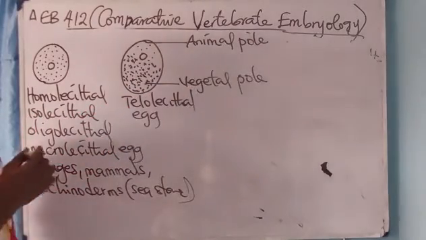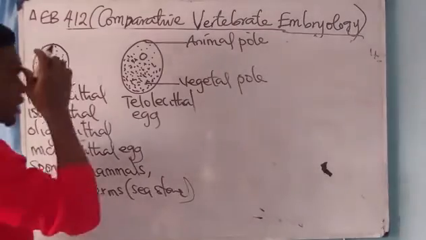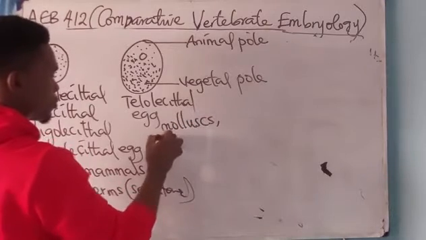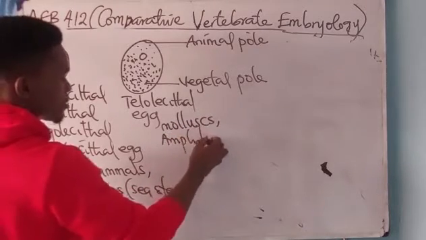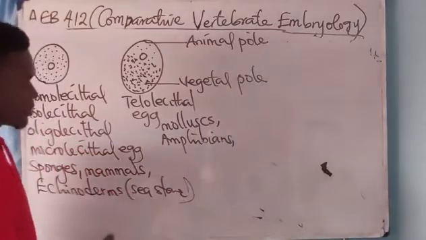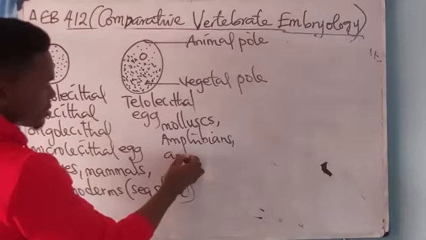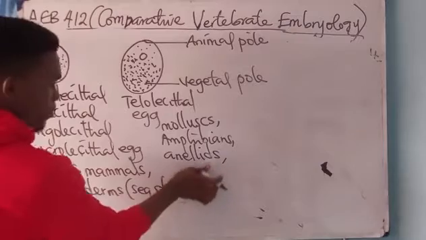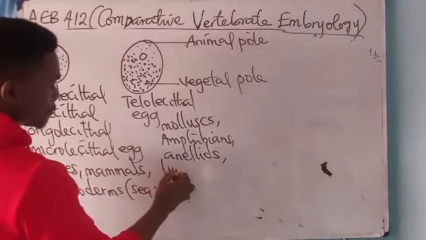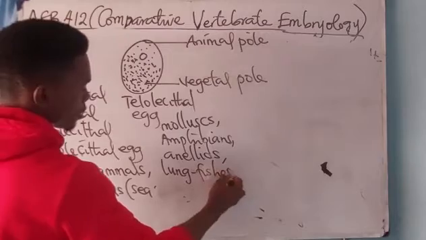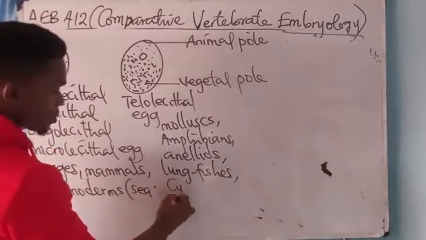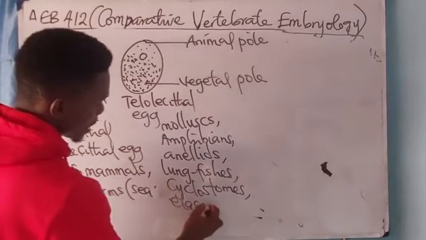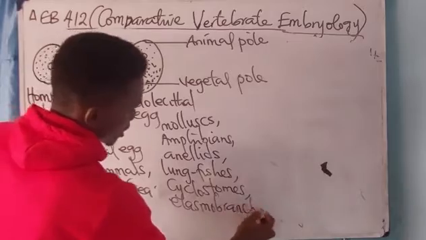Examples of animals having this type of egg are mollusks, amphibians, annelids, you have lungfishes, you have cyclostomes, and elasmobranch.